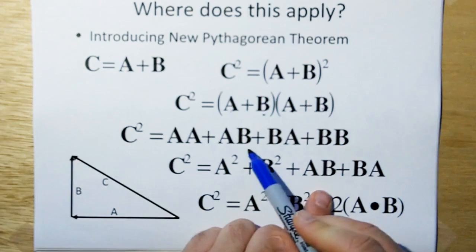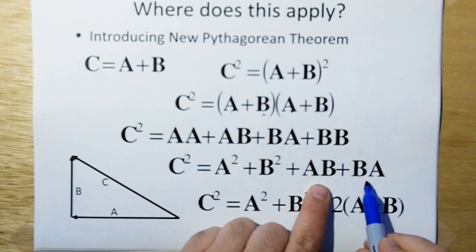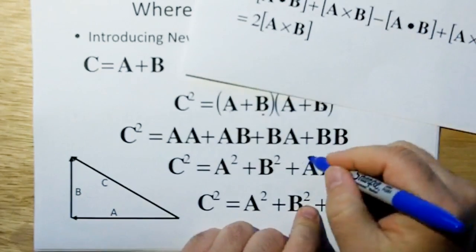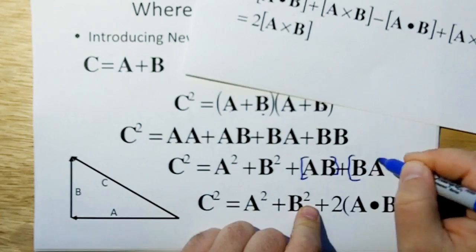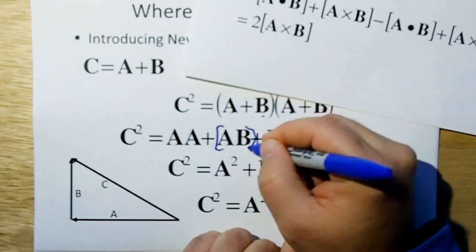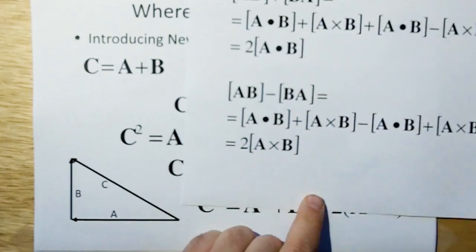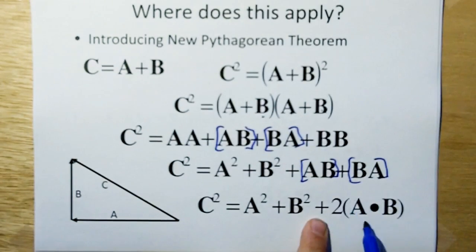What's left over is the sum of two transposed vectors, and going back to our identity, AB plus BA is 2 A dot B. Oh, I forgot to put the matrix sign around that, sorry, typo. So we can replace that with 2 A dot B.